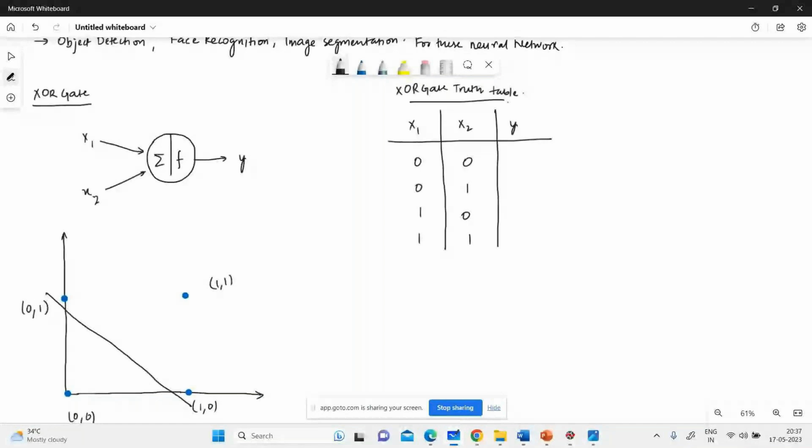Somebody is saying 0110. What is the value? We are talking about the XOR gate truth table. XOR gate outputs 0110. That's correct. 0110.